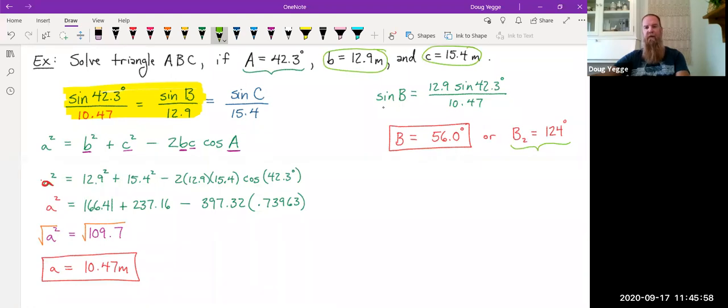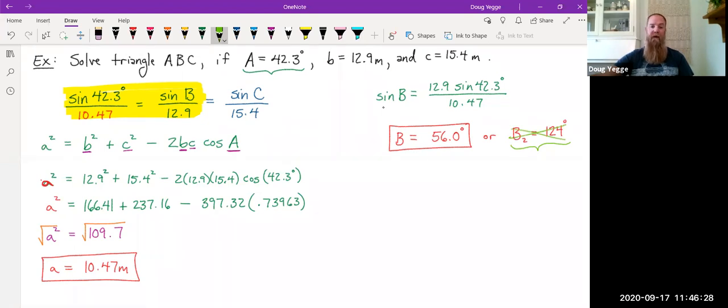So this is why it was a good idea to use the law of sines with angle B instead of with angle C. Because if we used it with angle C, we'd know that that would have to be the largest angle, and then we wouldn't know which triangle we were actually referring to. So when you use the law of sines after using the law of cosines here, definitely make sure to use the angle that's not going to be the largest angle. So we know that this is not a possibility.